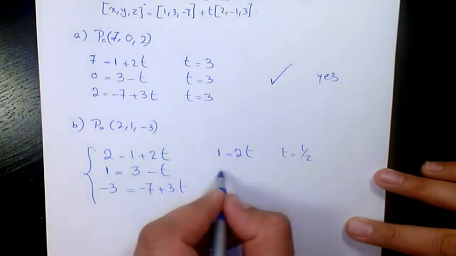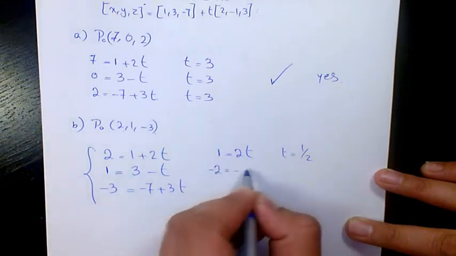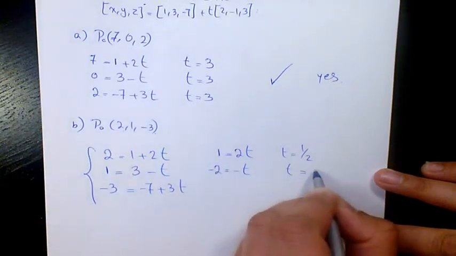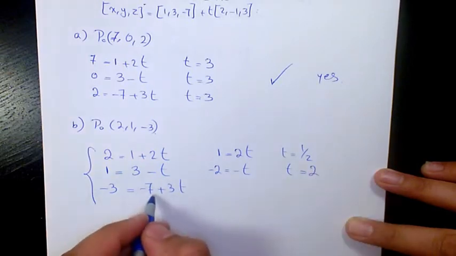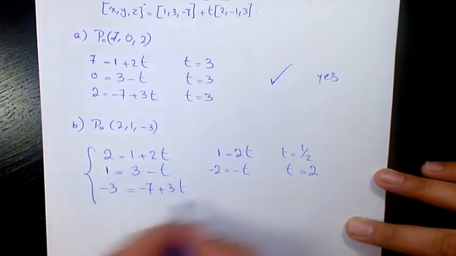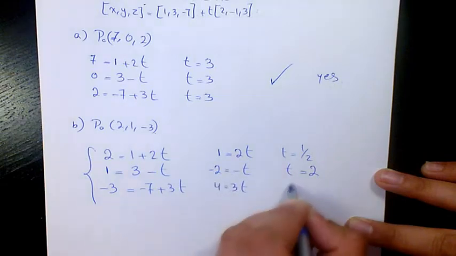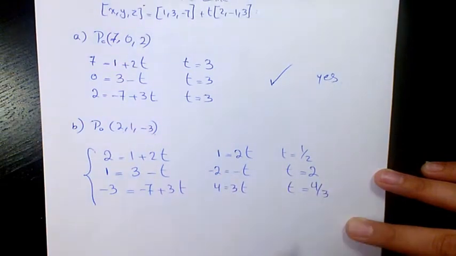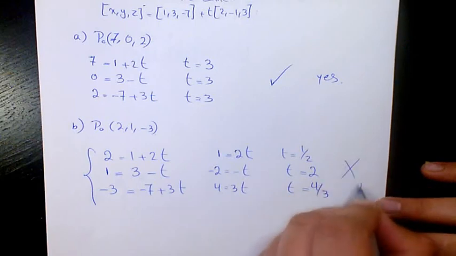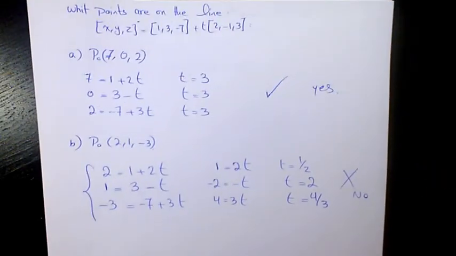Then we have negative 2 equals negative t, so t will be 2. And finally, negative 3 plus 7 is 4, so 4 equals 3t. We can say t equals 4 over 3. So they are not equal. So no, it is not on the line.